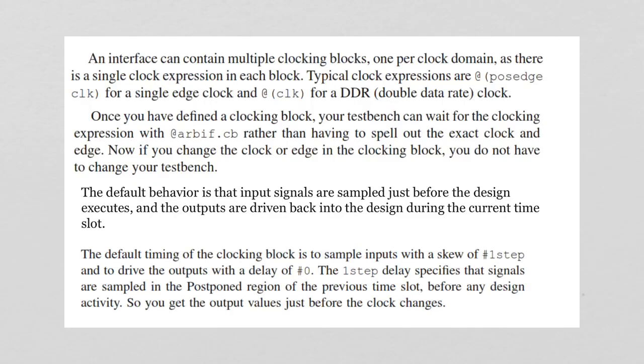Every clocking block should have only a single clock expression. If you have 3 clocks, clock 1 will have one clocking block, clock 2 will have one clocking block, clock 3 also.